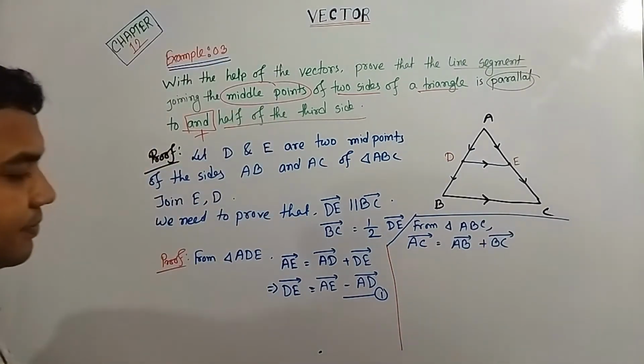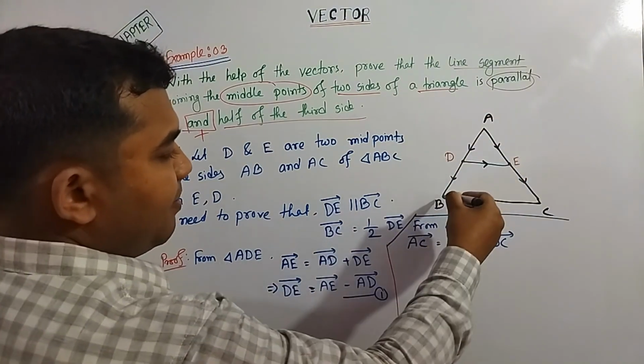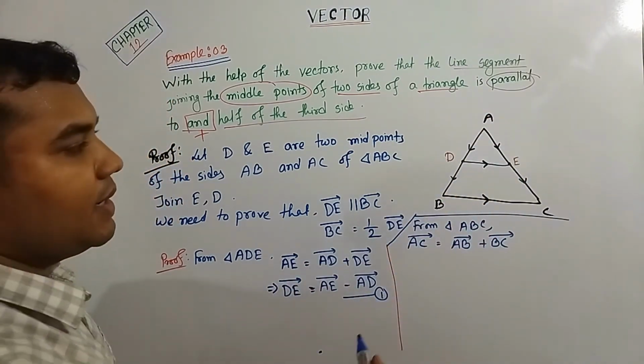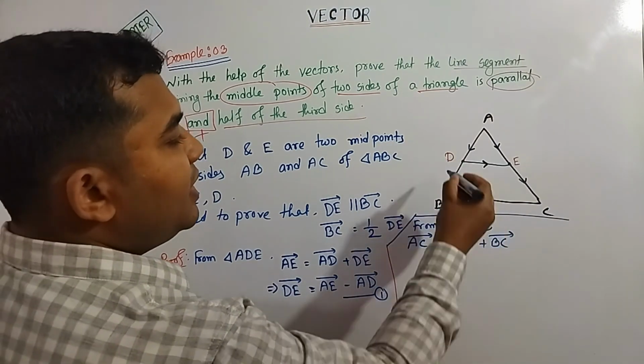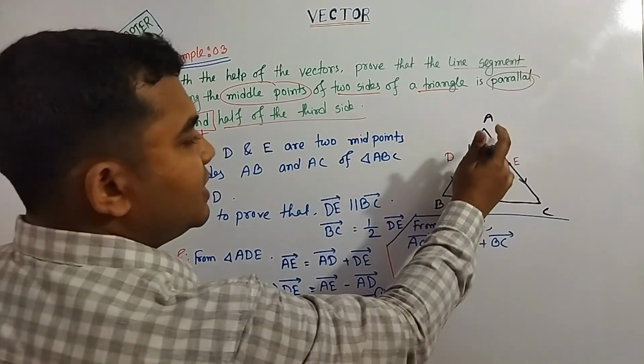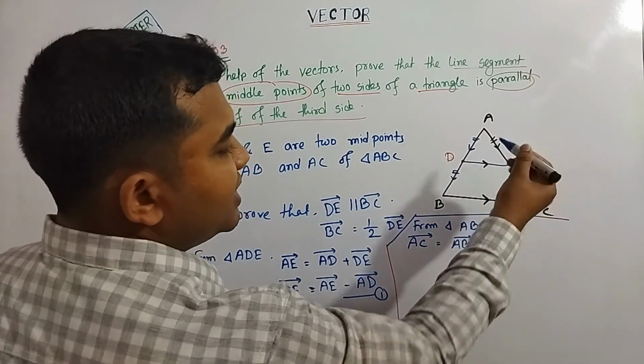Isn't it? Okay, so here AB can be written as 2 into AD. Why? Because we already know D is the midpoint, which means these two parts are equal. Similarly, these two parts are also equal because E is the midpoint.